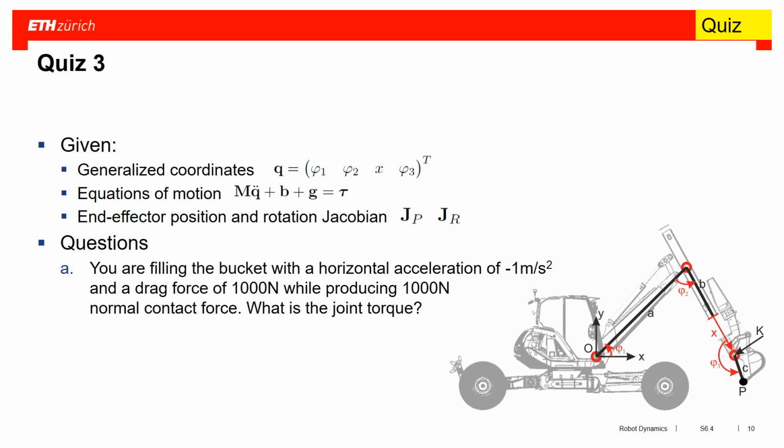So what that means is that you're producing here a normal force on the ground, and at the same time you have a drag force that acts on your system while you're filling. And the question is, what is the joint torque?